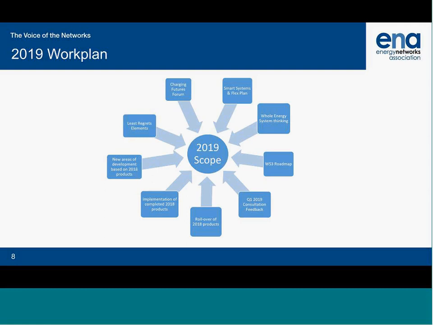On how we've derived the 2019 work plan, there are a number of inputs into our scope and plan of work. I'm not going to read all of them out, but some of the key areas are the Smart Systems and Flexibility Plan, which I highlighted earlier. The continuation of the work that we were doing last year, both in terms of continuing the development work and implementation of the completed products that we did, and we're going to talk a bit about implementation later.